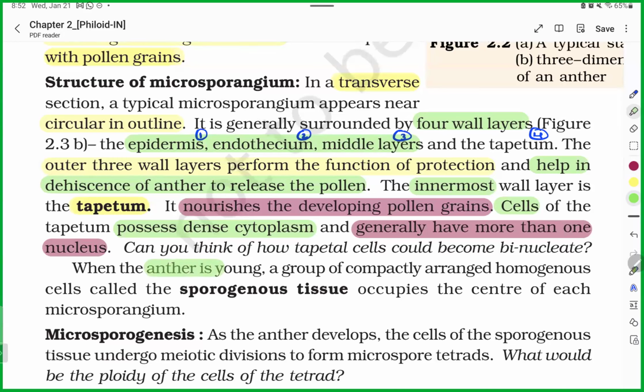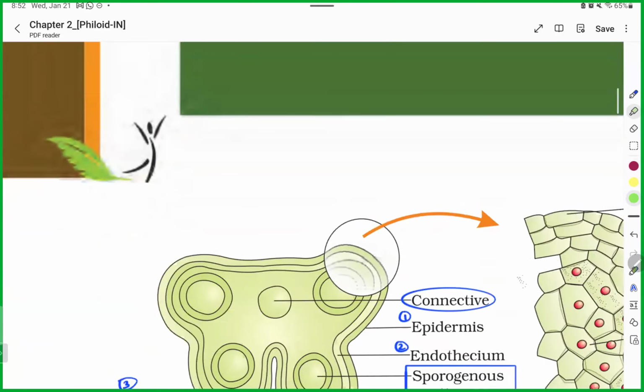When the anther is young, a group of compactly arranged homogeneous cells is known as sporogenous tissue. Sporogenous tissue is more prominent in the young anther, present at the center of each microsporangium.